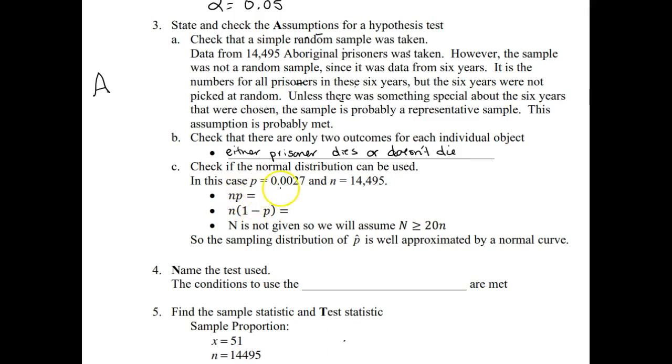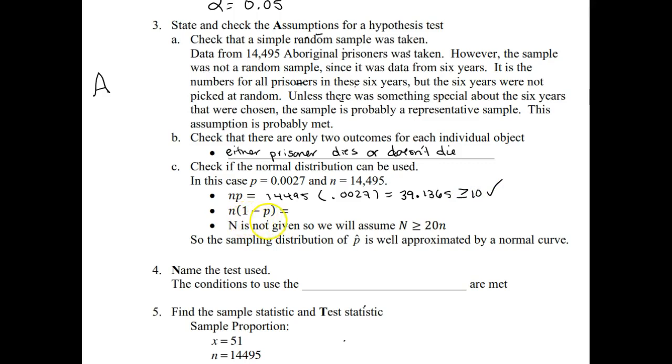So for this case, p was 0.0027 and n was 14,495. If we check the condition n times p and make sure that that is at least 10, we're going to get 14,495 times 0.0027. If we key punch that on the calculator, we get 39.1365, which is definitely greater than or equal to 10, so that condition is met.